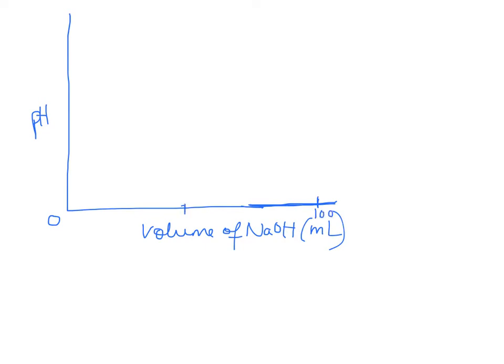So roughly here should be 50. We have 1. Let's say this is 12. That means half of that is 6. That means half of that is 3. I'm just giving you a ballpark, a rough estimate of what it's going to look like. 4, 5, 6, and then 7, 8, 9, and then 10, 11, 12.